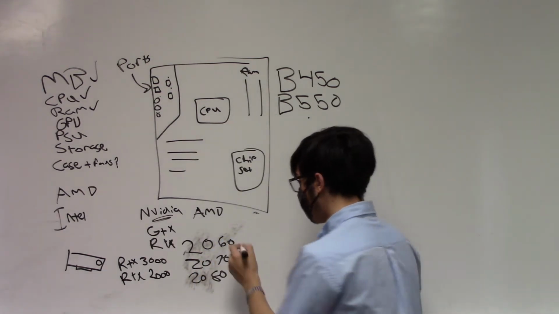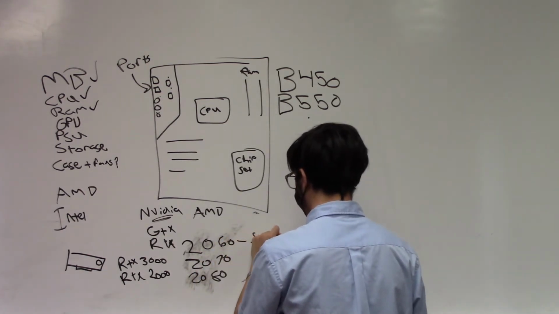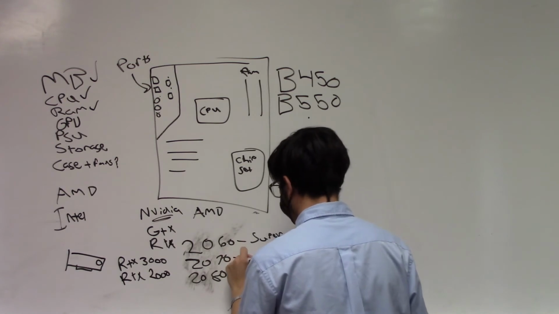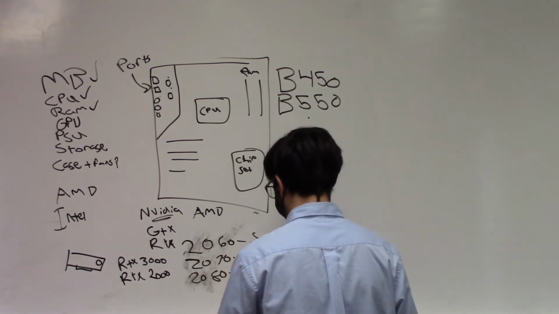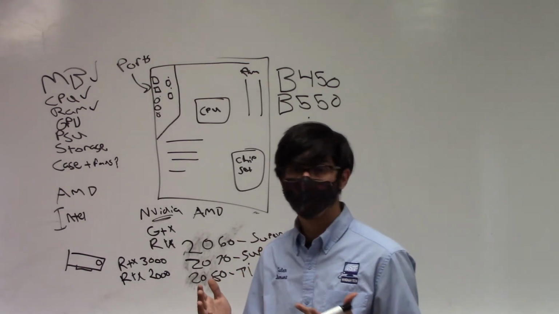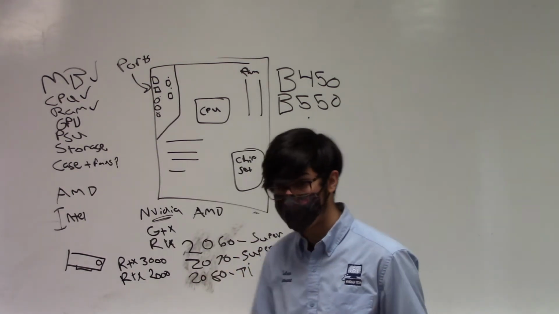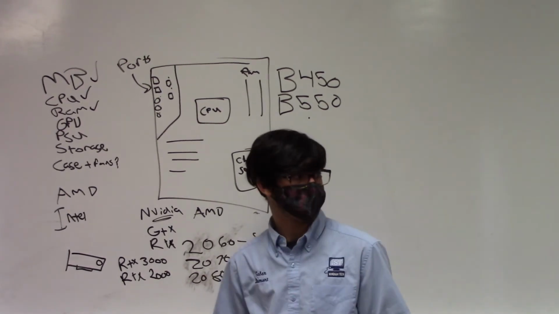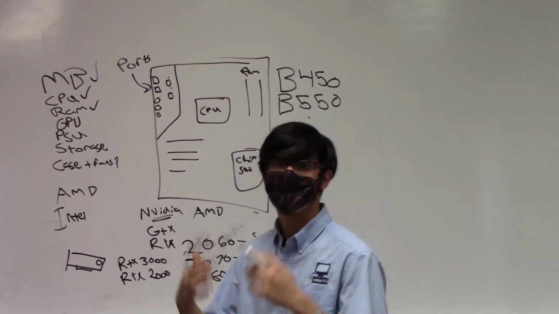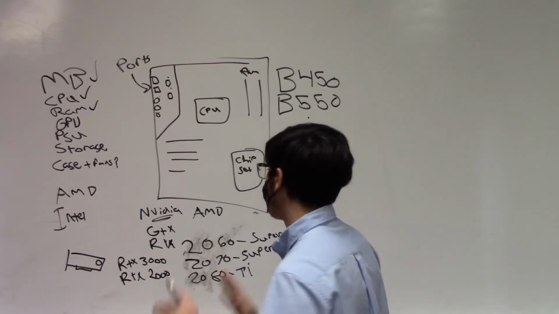Your 2060, you have 2060 Super. Same thing with the 2070, you have your Super. But once it gets to the 2080, it's called the TI. It's all the same, it's an upgraded version of that basic card. Now, it is more expensive, but again, higher price, more performance in most cases.